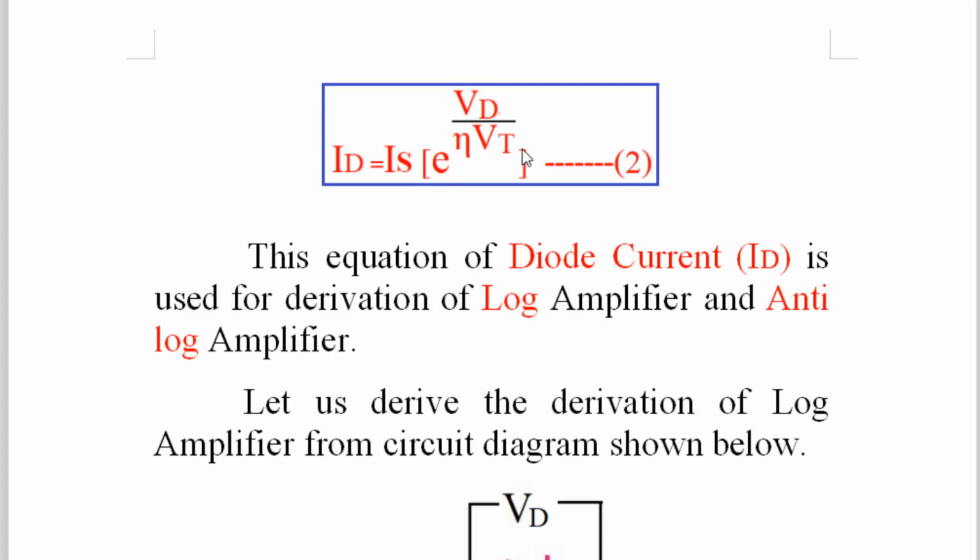That part we are not going to deal with in the mathematical derivations. We are directly dealing with this equation: ID is equal to IS into e raised to Vd divided by eta into Vt.